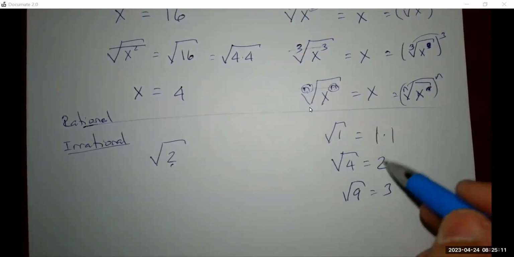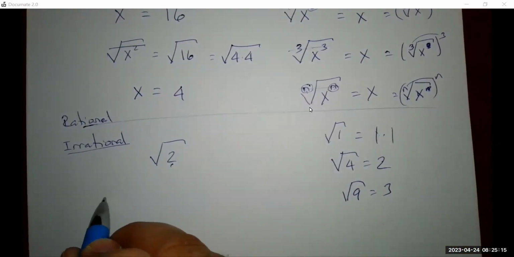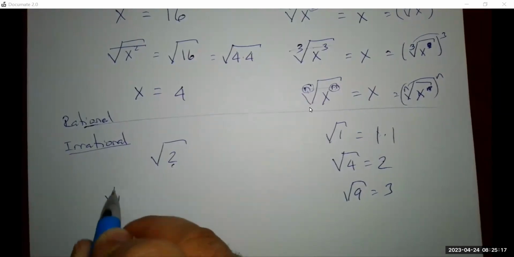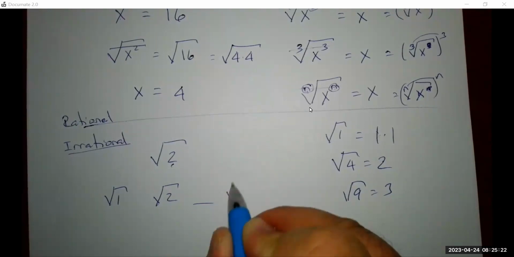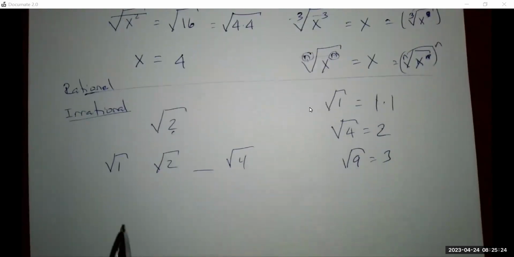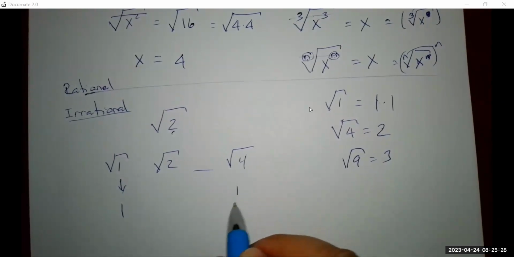The square root of 2 has to be between 1 and 2, because we know the square root of 1, the square root of 2, square root of 3, and square root of 4. So the square root of 1 is 1, the square root of 4 is 2.